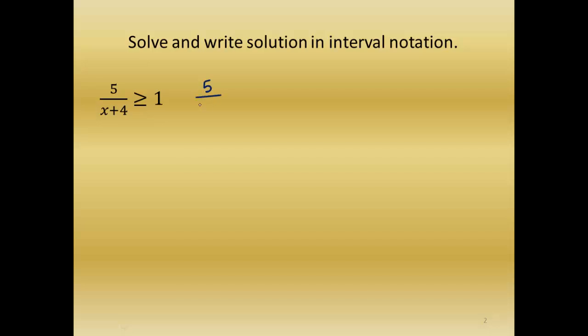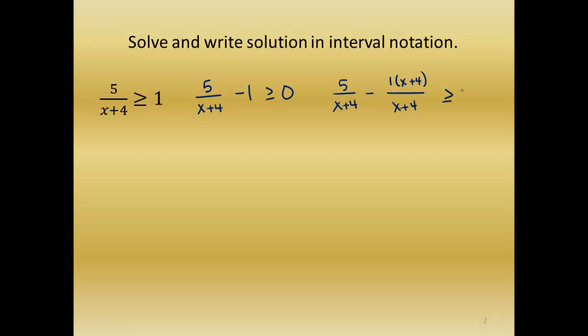So I have 5 over x plus 4 minus 1 is greater than or equal to 0. I want to combine everything on the left-hand side here, so I'm going to get a common denominator of x plus 4. So that will leave me with 5 over x plus 4 minus 1 times x plus 4 over x plus 4.